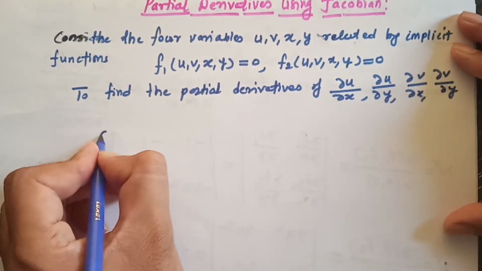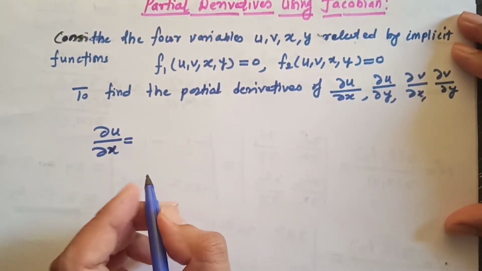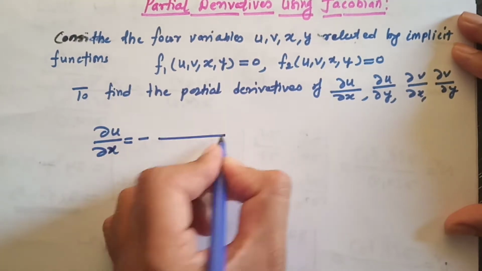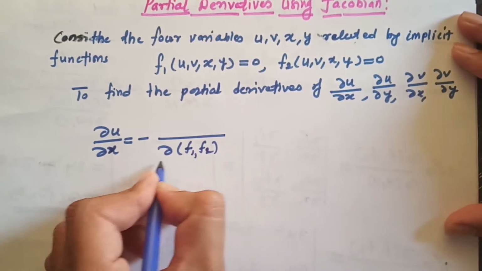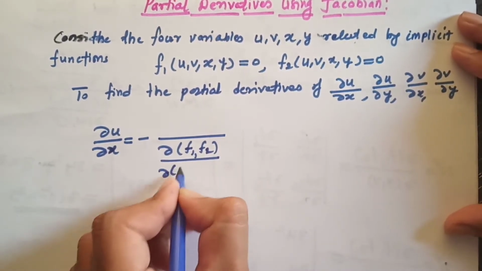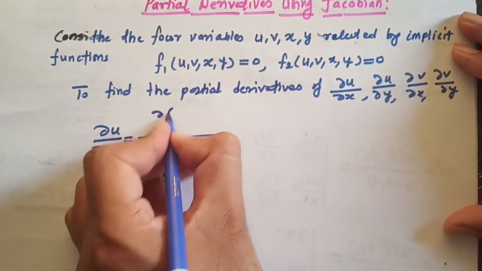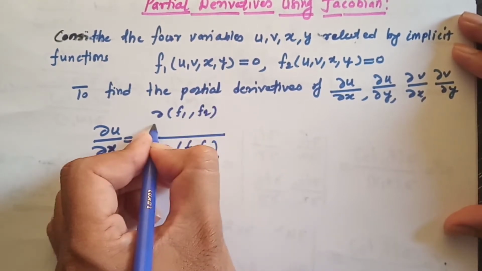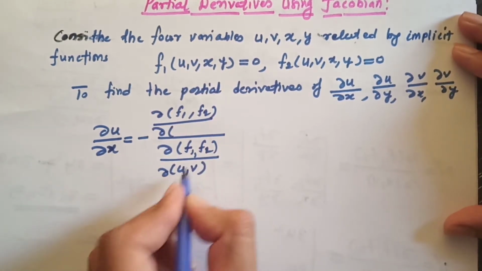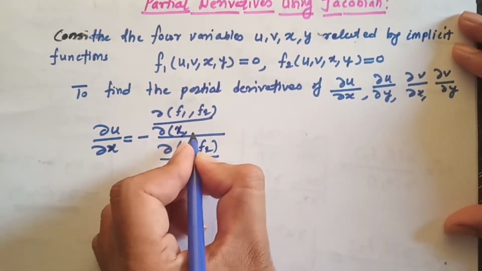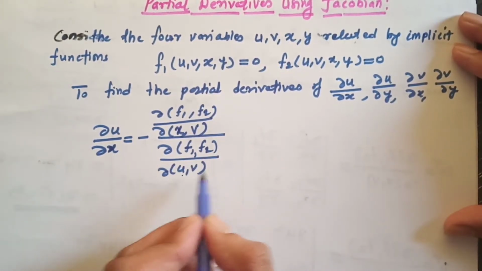Now how to write the formula for partial derivative of u with respect to x? The formula is minus, in the denominator, Jacobian of f1 f2 with respect to u v. So in the numerator, Jacobian of f1 f2 with respect to x, v: just replace u by x. First you write the denominator, Jacobian of f1 f2 with respect to u v.